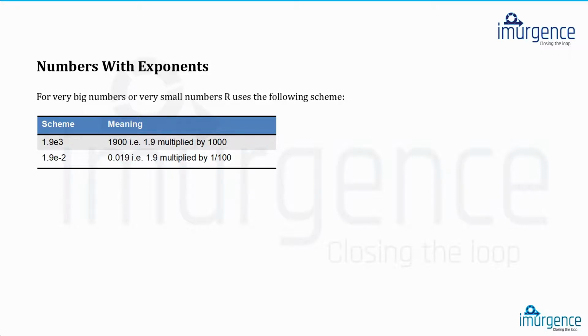If it is E minus 3, it means 1 by 1000. So it would typically be something like 10 raised to 3. So 1.9 e raised to 3 means it's 1900, which is represented on the screen as 1.9 times e raised to 3. You just multiply by that 1000 and it becomes the actual 1900. That's how you have to see this.